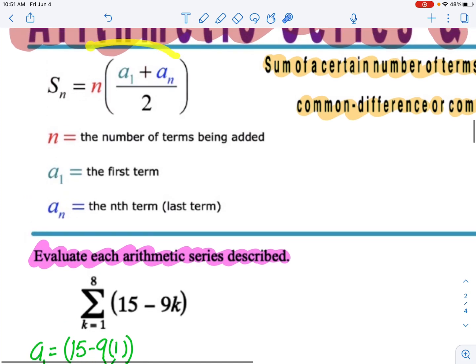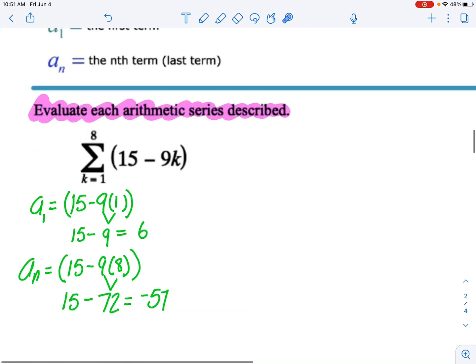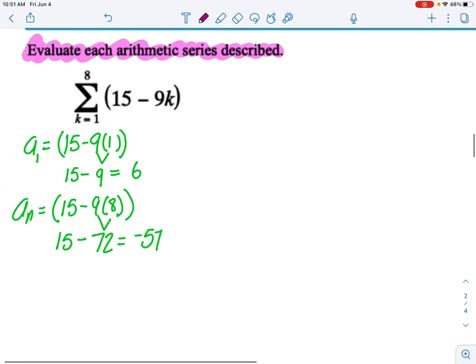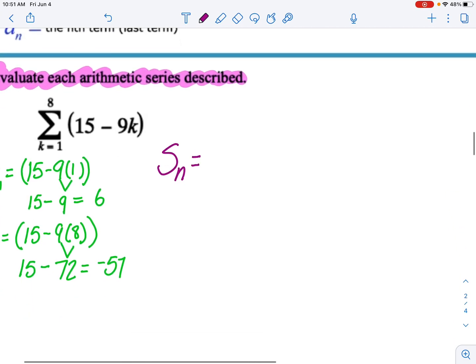So now, kiddos, let us do our formula here. Our formula says Sn equals n times (a1 plus an) over 2.